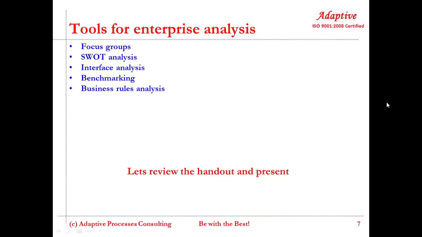SWOT analysis, I don't have to explain. It's about strengths, weaknesses, opportunities, and threats. While doing an enterprise analysis and building a business case, we have to make sure we identify all four items. We know what our strength is. What does the weakness say? Where do we lag behind our competitors?